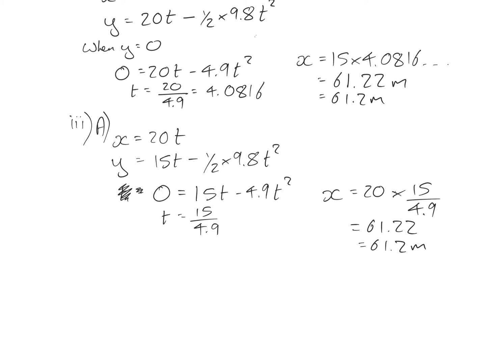Part B then asks, is this true whenever the ball is hit with the same speed? And the answer is very simply no, it's not. There are some where it's the same, but not all of them. It depends on the angle. For example, 45 will give the maximum.